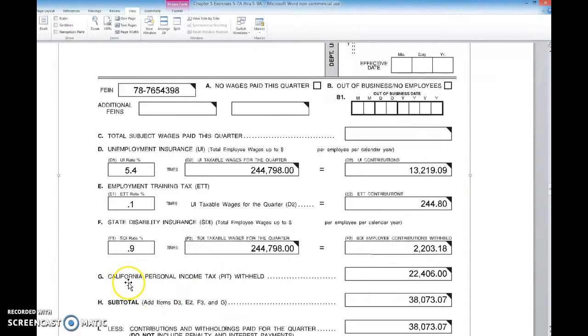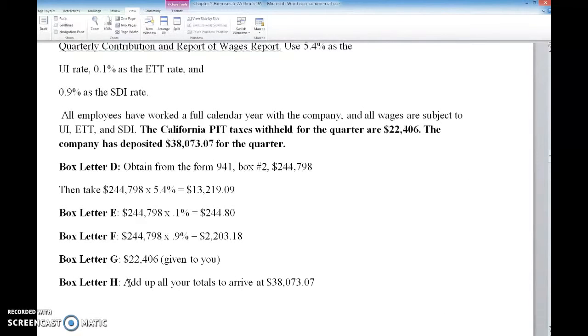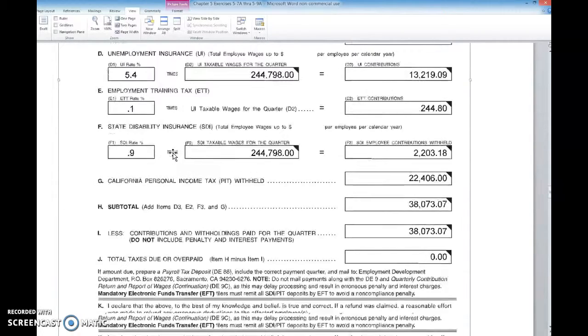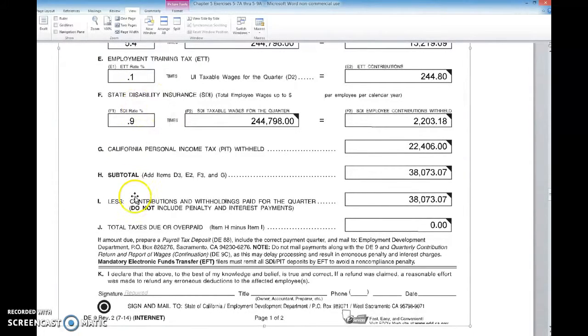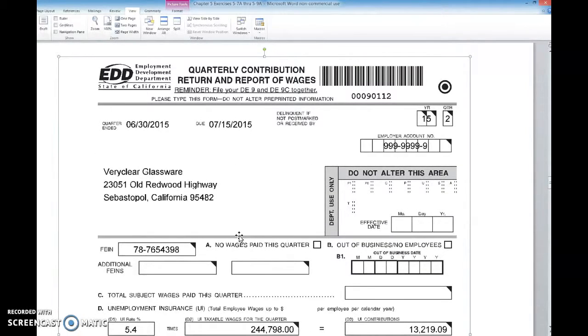The California personal income tax withheld is given to us, which is $38,073.07. Less any contributions and withholdings, our total taxes due or overpaid, H minus I, is 0. Okay, and this is the employment or quarterly contribution return and wage report.